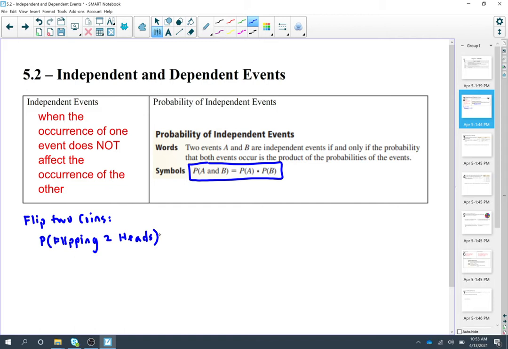The first way we can look at this is by using a sample space. On the first coin, I could either flip a head or a tail. On the second coin, I could either flip a head or a tail.